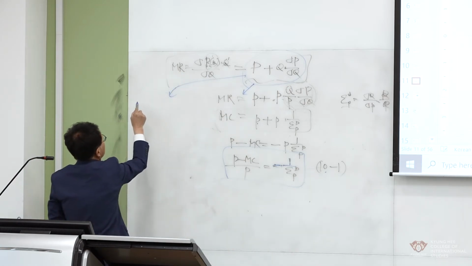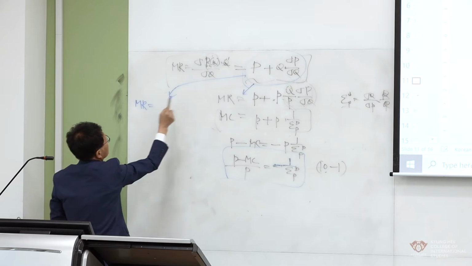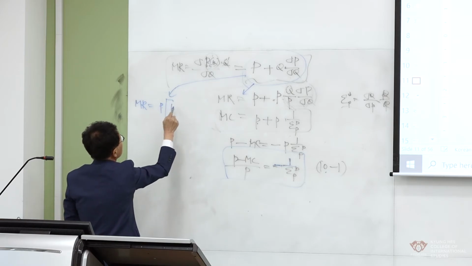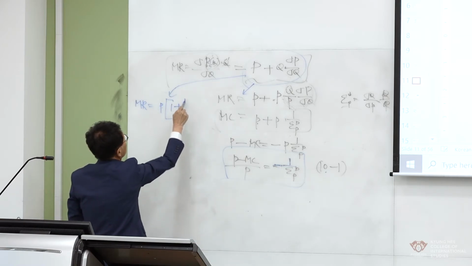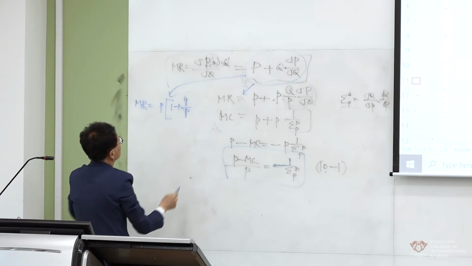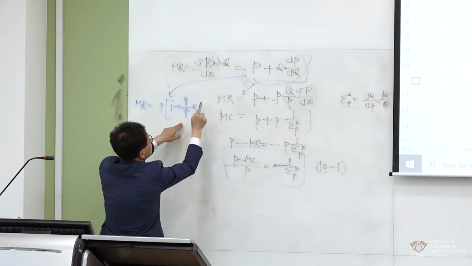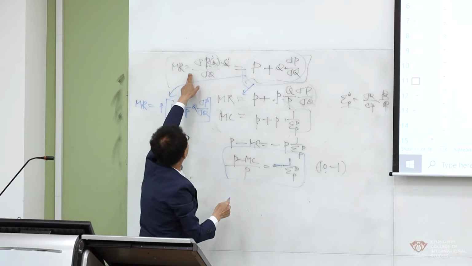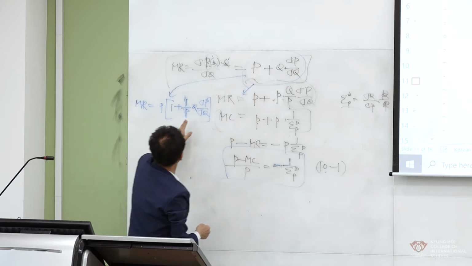From here, marginal revenue is equal to this one. Price, we can rewrite like price times 1 plus Q over P, change in P, change in Q. Right? Marginal revenue is equal to P plus Q like this.